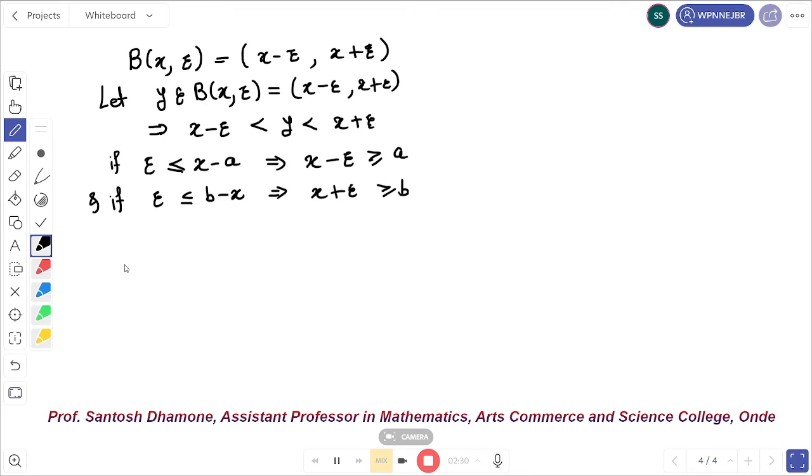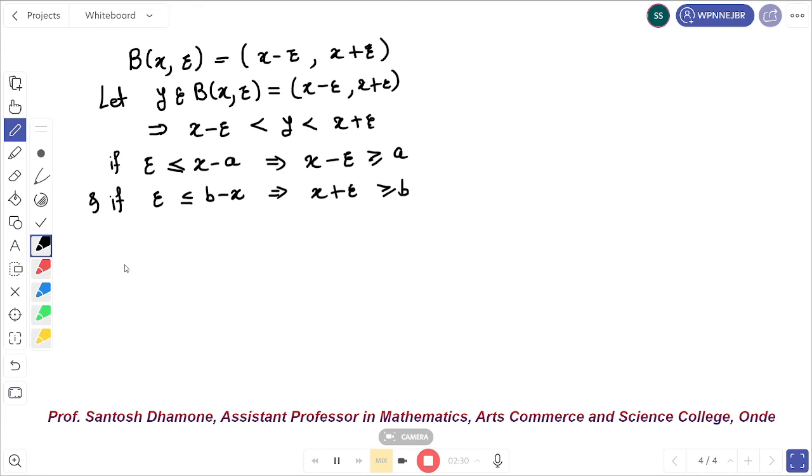Let capital G be equal to the set of ordered pairs (x1, x2) such that x1 plus x2 is less than 4.